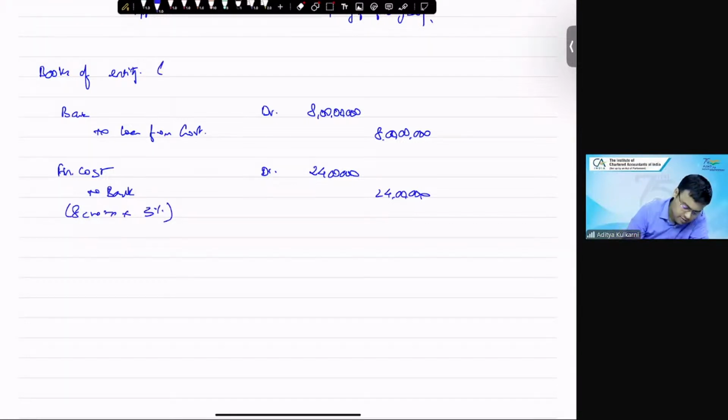This is prior to Ind AS. Now, what does the standard tell? Which standard? Ind AS 109. Ind AS 109 tells us that, look, there are no free lunches in this place. Okay, in this world, in this business, there are no free lunches.